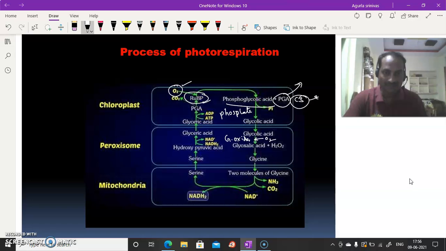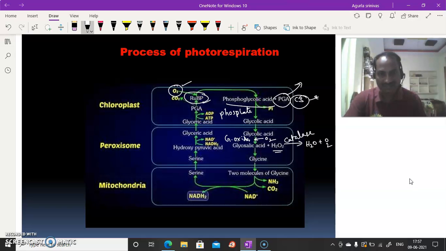When glycolic acid forms glyoxylic acid, it also forms H2O2, hydrogen peroxide, and here in the peroxisome the catalase enzyme is present. This catalase degrades H2O2 into H2O plus oxygen molecule.